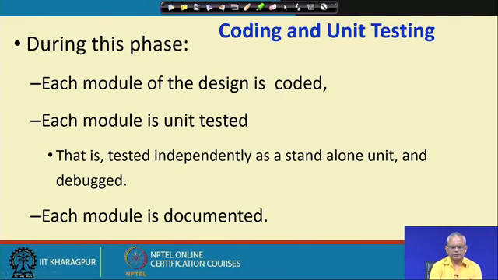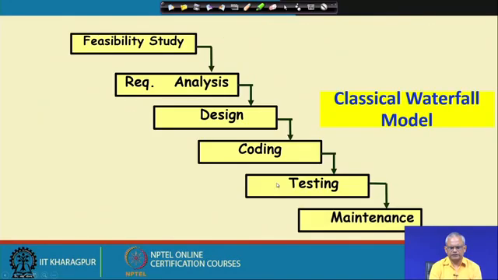Typically, each developer is given a couple of modules to code, and then completes the code and also does the unit testing. And once this passes the unit testing, then the modules are documented and this phase completes.